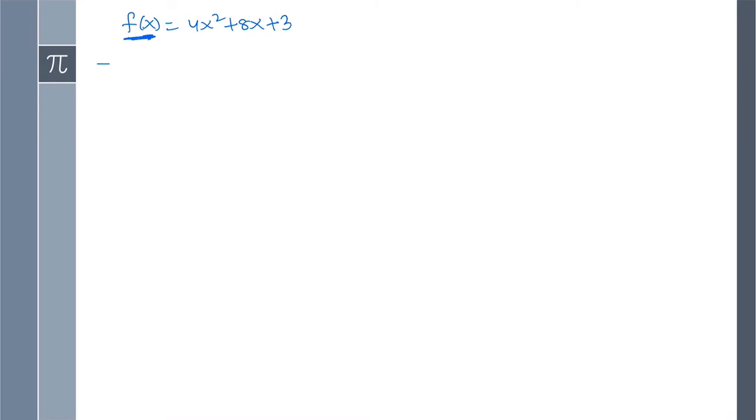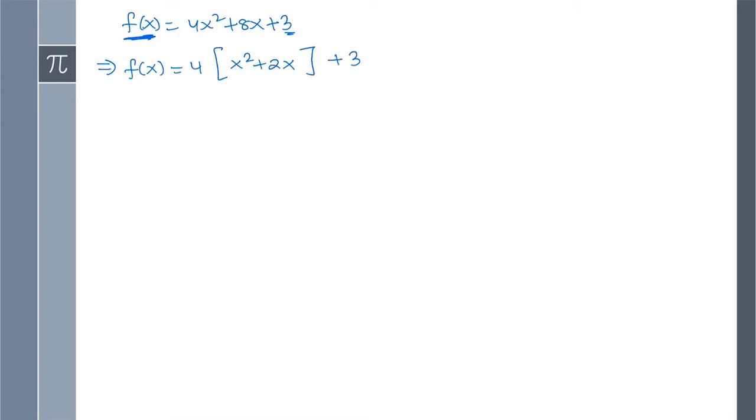So we write f of x equals 4 times (x squared plus 2x), and we keep the constant by itself out here. We're not going to factor out anything from that constant.